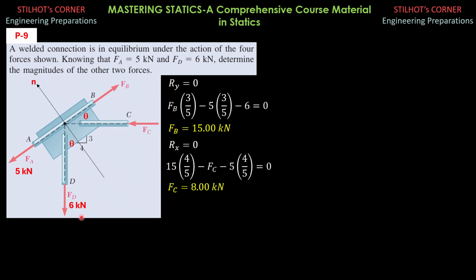So minus 6 times cosine theta, which is 4 over 5. So Rn is 0, and it is equal to Fc times 3/5 (sine theta) minus 6 kilonewtons times 4/5 equals 0. So Fc is also 8 kilonewtons.